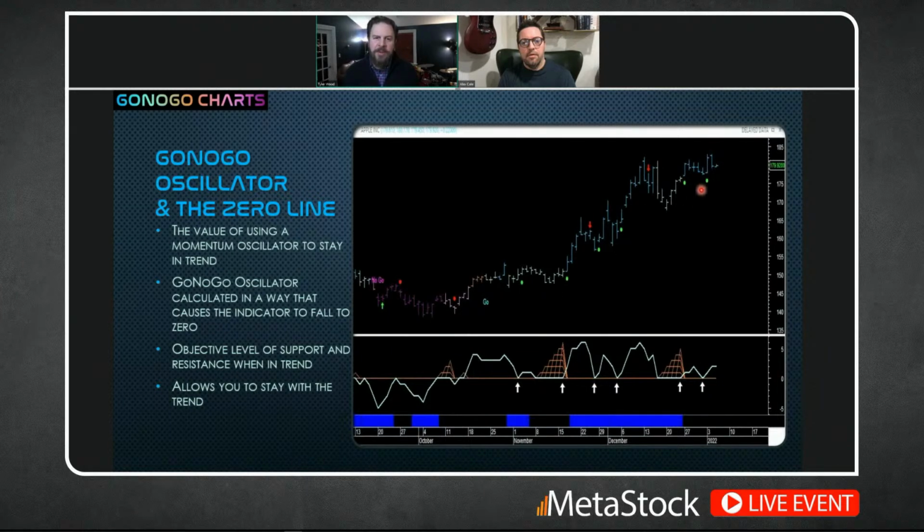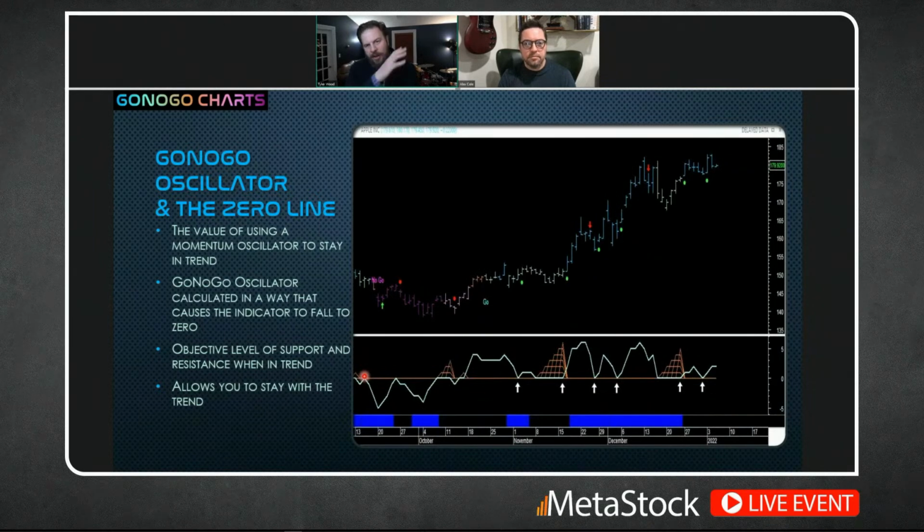We want to stay with those trends through the meat of the move, and we can look to that zero line on the oscillator to know that this trend is still healthy as long as that oscillator is above the zero line. As Alex was saying, all of this works in reverse. If you're playing to the short side, if that's part of your investment discipline, then you would watch that oscillator come to the zero line and be rejected back to negative.